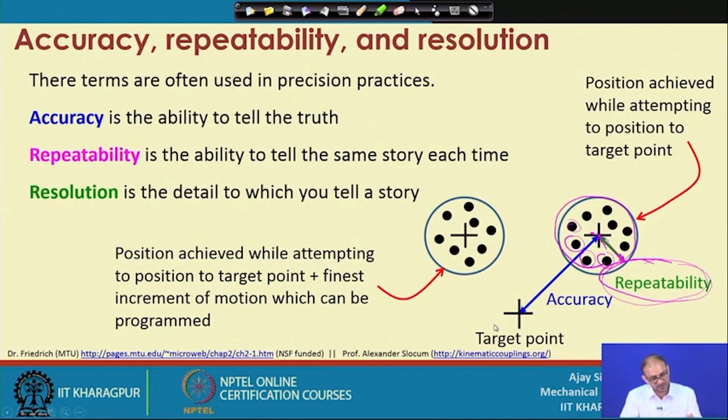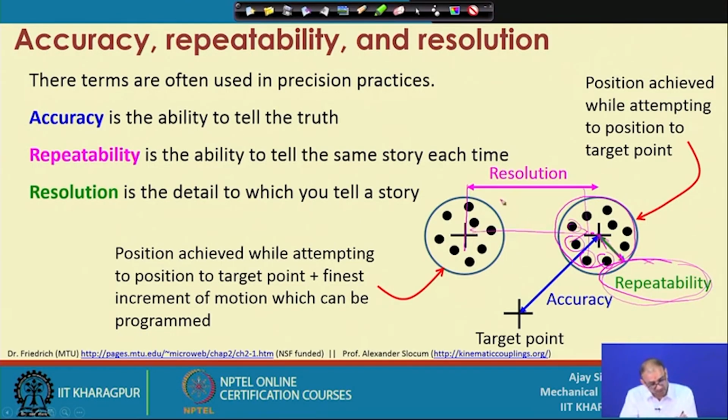Now consider this accuracy is still the same. Suppose the distances between these points are the same, then accuracy is the same, but the problem is how far they are located from each other, correct. This is called the resolution. This is the finest increment; suppose it is within that range, then this is the location of this particular part. You are getting something within this part, and this is called resolution.